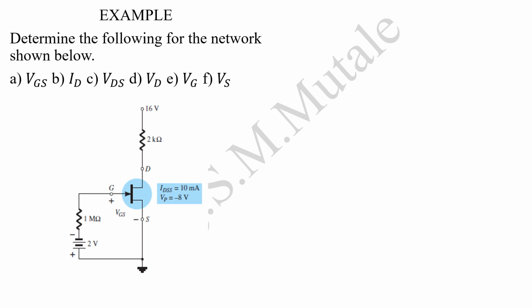The question says, determine the following for the network shown below. They want us to find VGS, calculate ID, the current passing through the drain, VDS, the voltage between the drain and the source, VD, the voltage at the drain, VG, the voltage at the gate, and VS, the voltage at the source. We start our analysis.